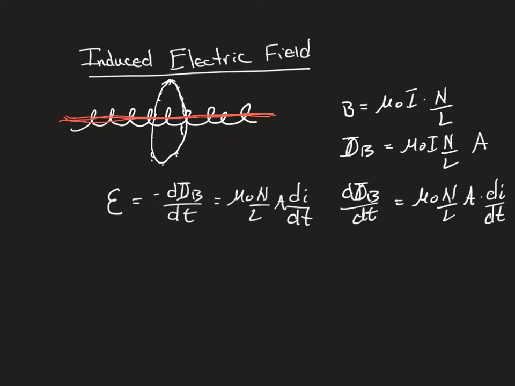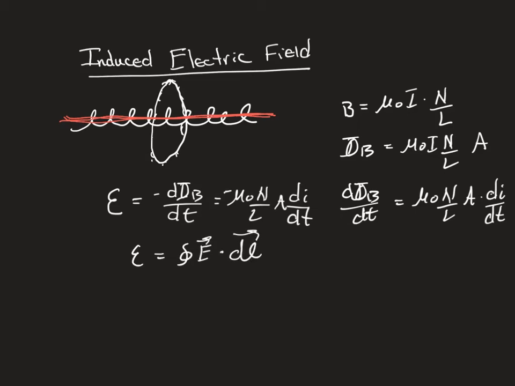So we have to wonder what is actually causing that induced EMF. And that's going to turn out to be actually an electric force. So it turns out that changing the magnetic flux actually causes an electric field. So we have to pull out our dreaded equation that the EMF is equal to the integral of the electric field dotted with dl.